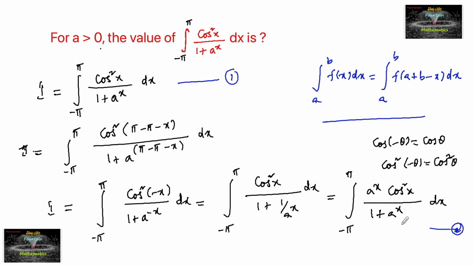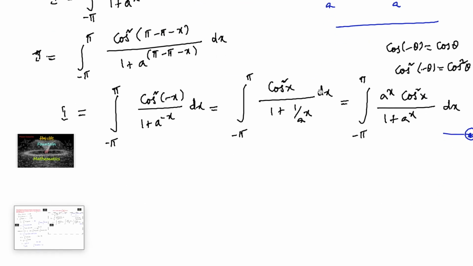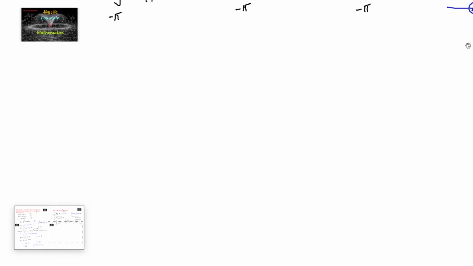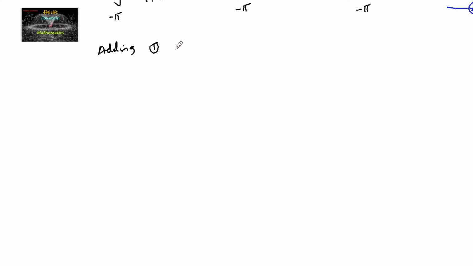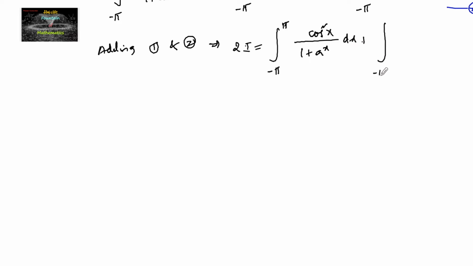So this is I and this is also I. Adding these two equations, adding 1 and 2, we'll get 2I is equal to the integral from minus pi to plus pi. The first one is cos square x upon 1 plus a to the power of x dx, and the second one we had the integral from minus pi to plus pi of a to the power of x into cos square x upon 1 plus a to the power of x dx.